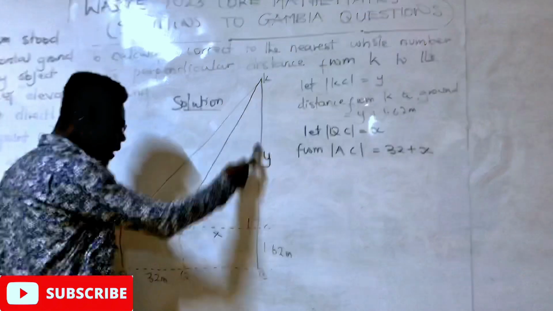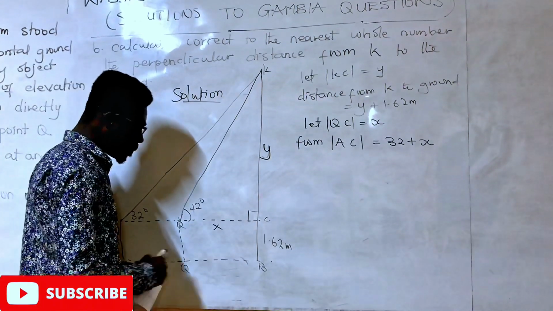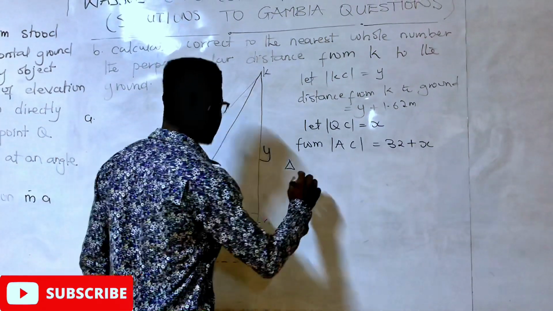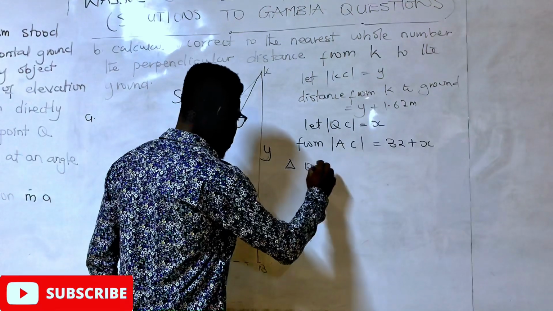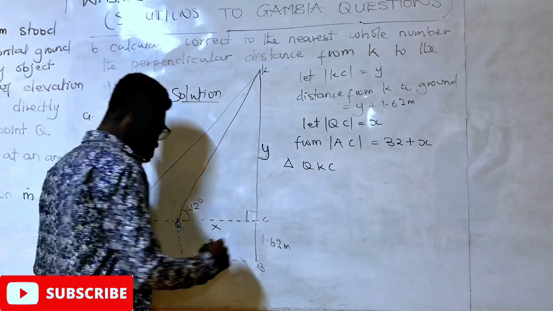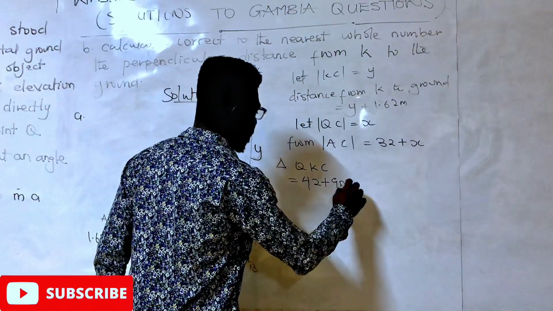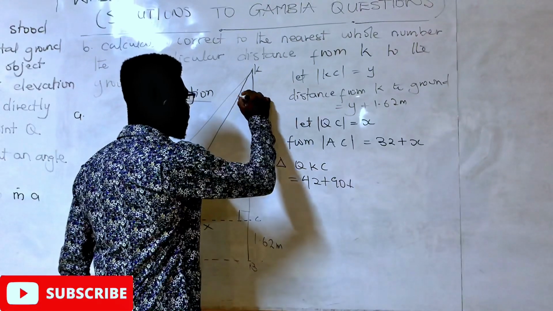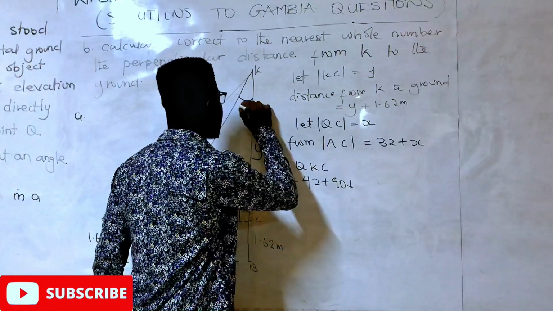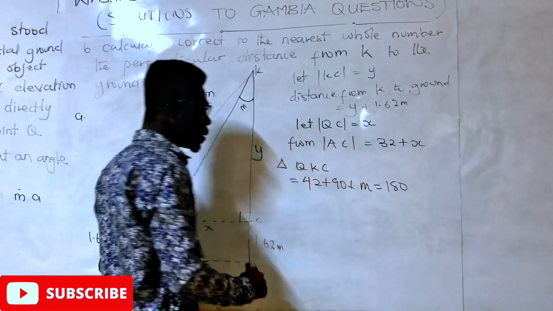So if you are creating a perpendicular distance, if you take this first triangle, triangle QKC, the angles should be equal to 180. So 42 plus 90 plus this angle here, let's say that angle is M, so plus M should be equal to 180.